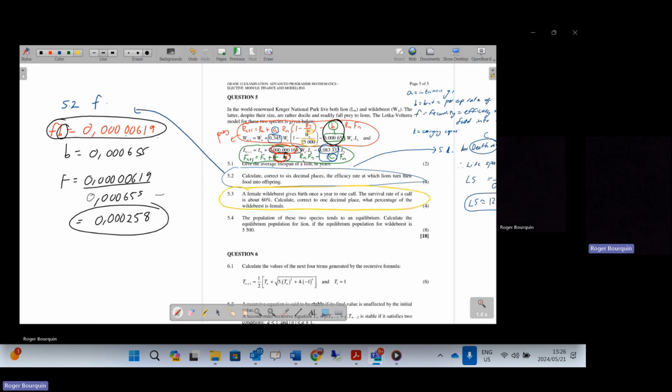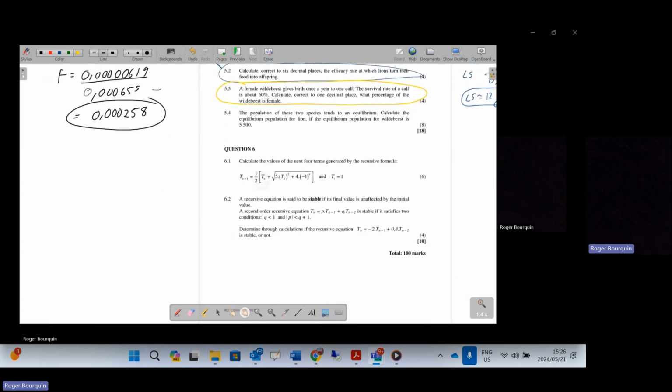5.3 says a female wildebeest gives birth once a year to one calf. The survival rate of a calf is about 60%. Calculate, correct to 1 decimal place, what percentage of the wildebeest is female. So we're looking for the percentage female. But we have a formula where A, your intrinsic growth rate, is equal to percentage female times number of surviving offspring in one population cycle.